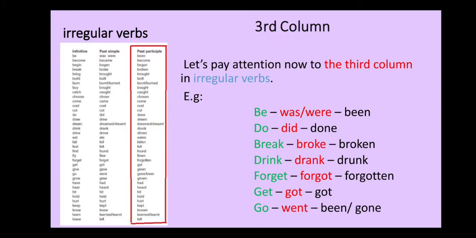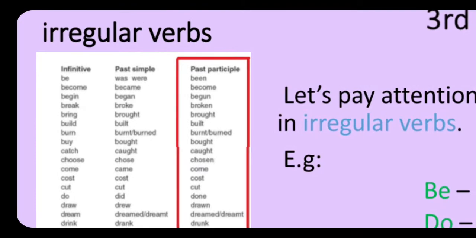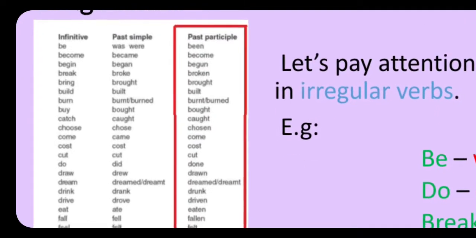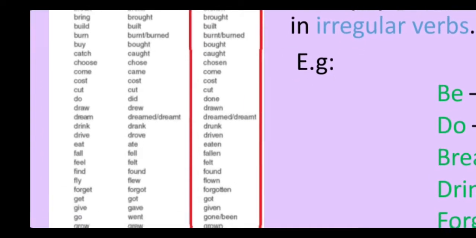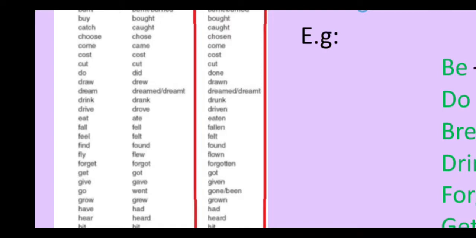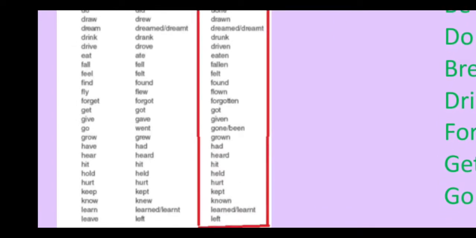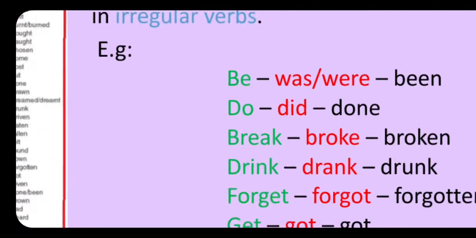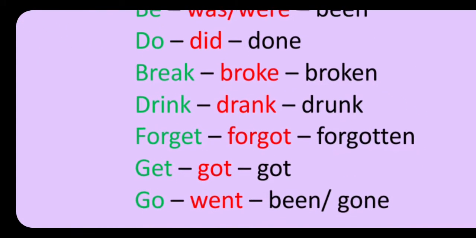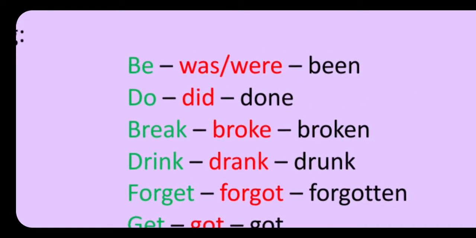But now let's focus on the third column in irregular verbs. Let's pay attention. I have taken a few examples. For example, the verb be, infinitive form.